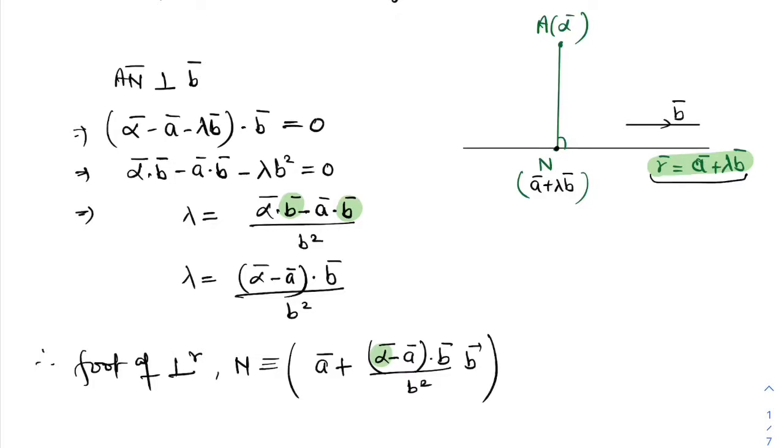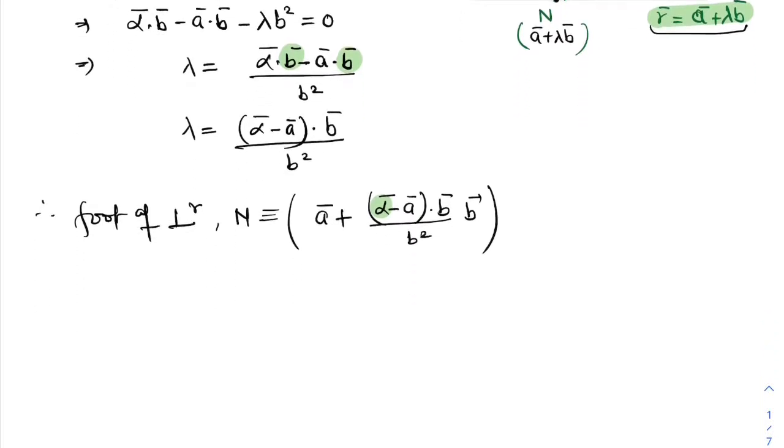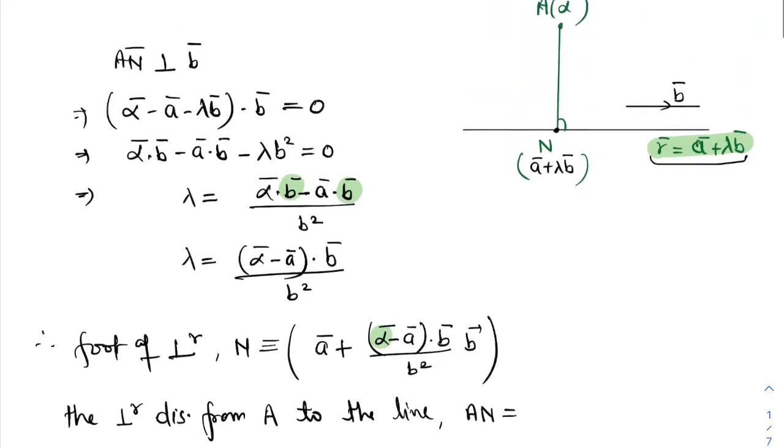So if we have calculated the position vector of foot of perpendicular, that is N, we can easily calculate the perpendicular distance from A to the line. In this diagram, that distance is AN.